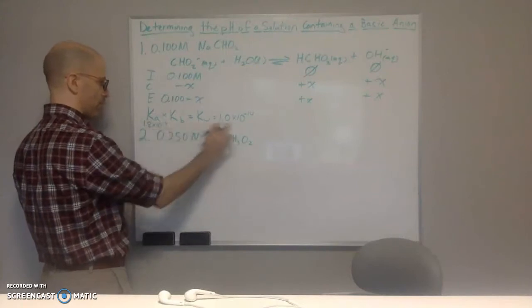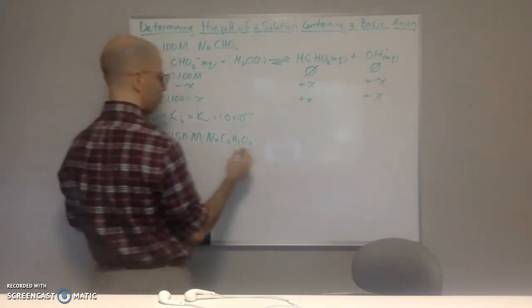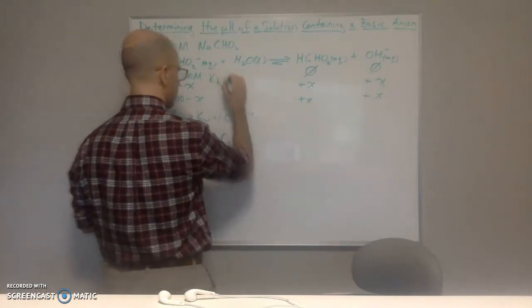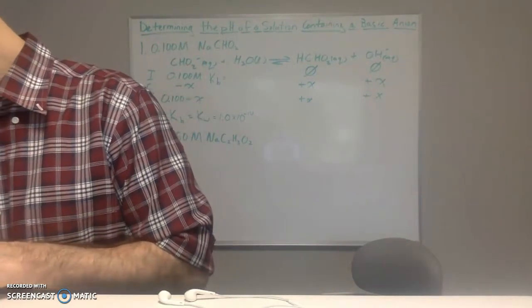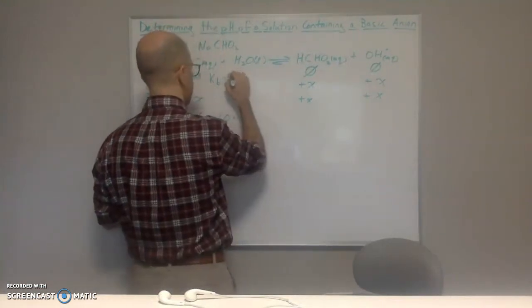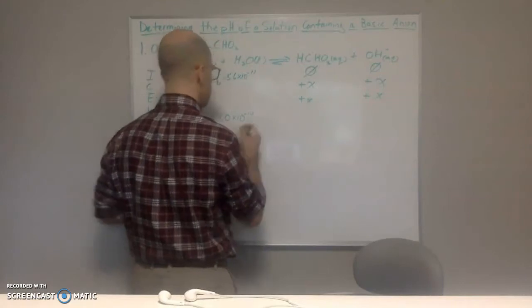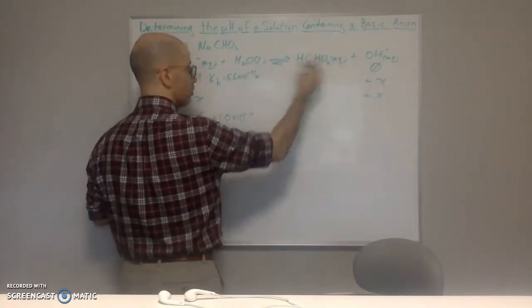So we divide both sides by Ka. And so Kb is equal to 5.6 times 10 to the negative 11. And that's equal to the expression of this equation.